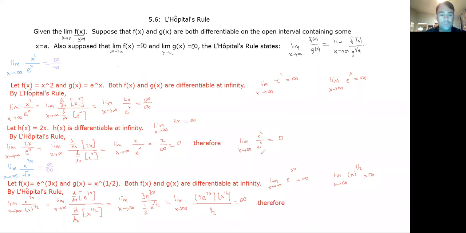Therefore, e to the 3x over root x equals infinity. And since it is unbounded, we can say furthermore, the limit doesn't exist.